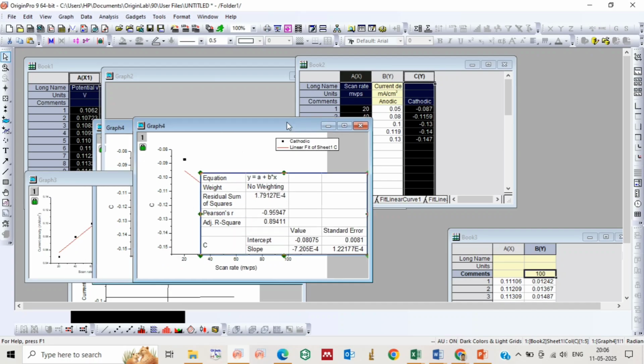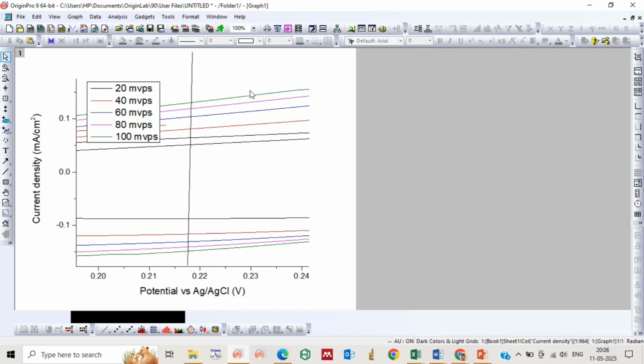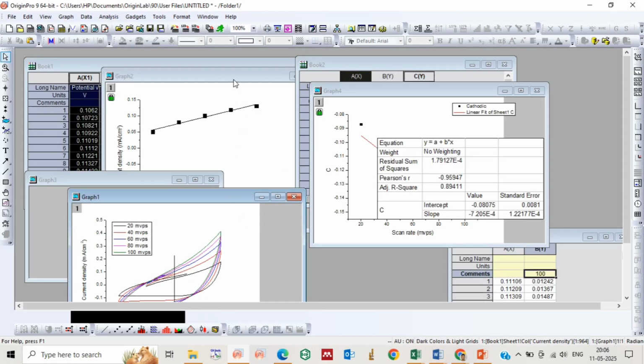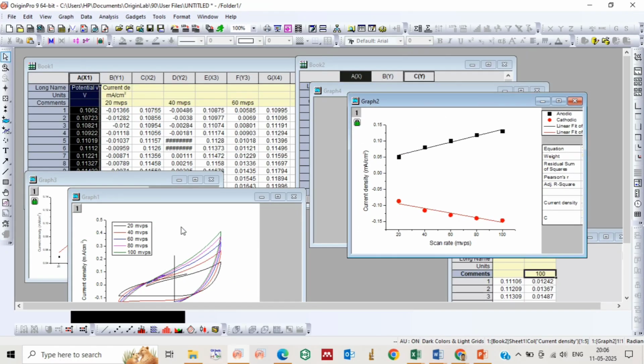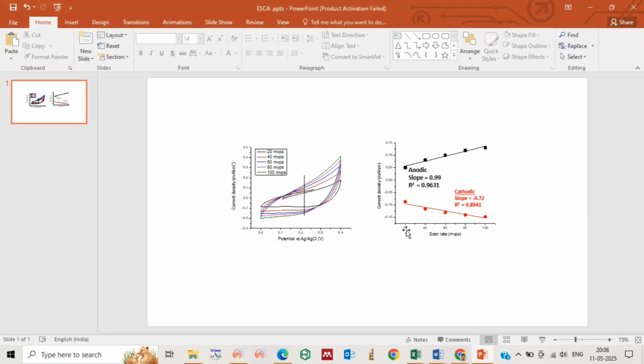Now what we can do, we will take this graph, just zoom out. Now we can use these two graphs for the data which we can give in the paper by editing this. I will show you.